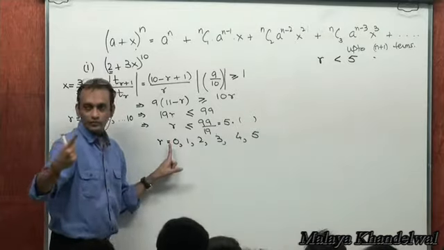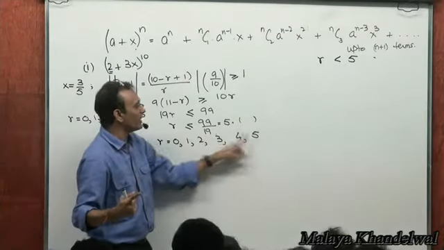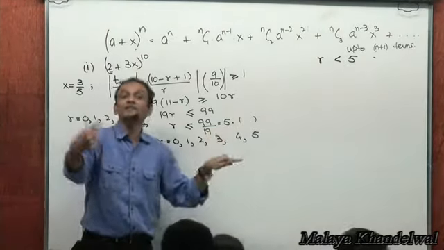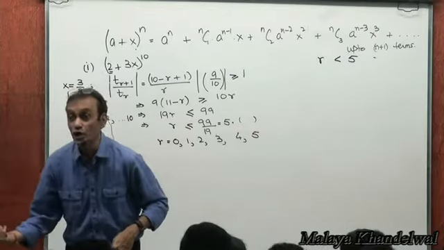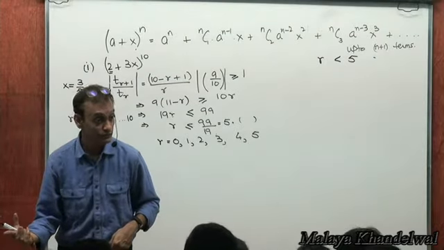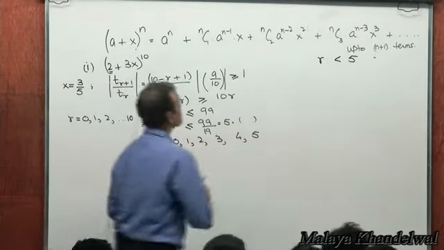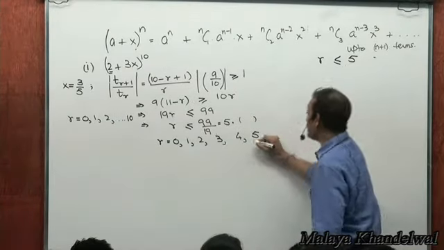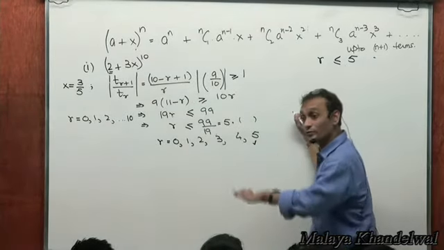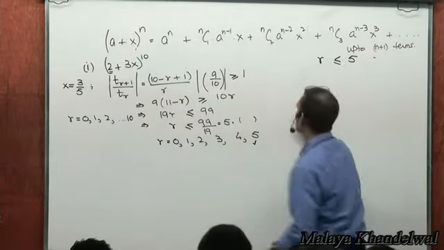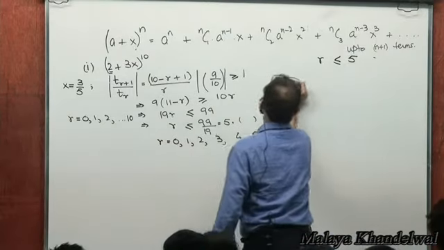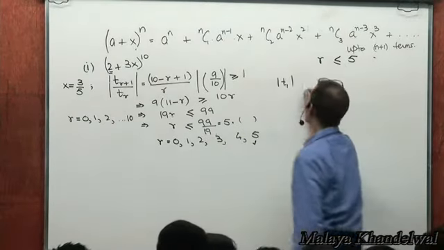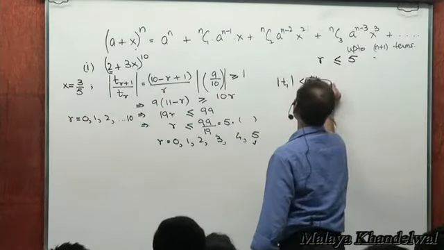Are you confused? From r equal to 0, 1, 2 up to 5, the next term will be necessarily larger than the previous term, right? That means, say the first term is t1, it would be numerically less than t2.